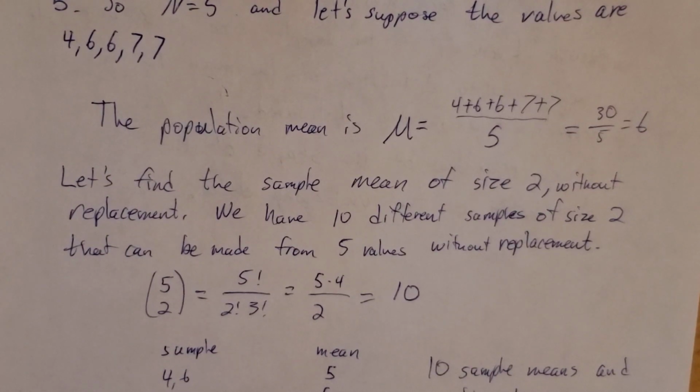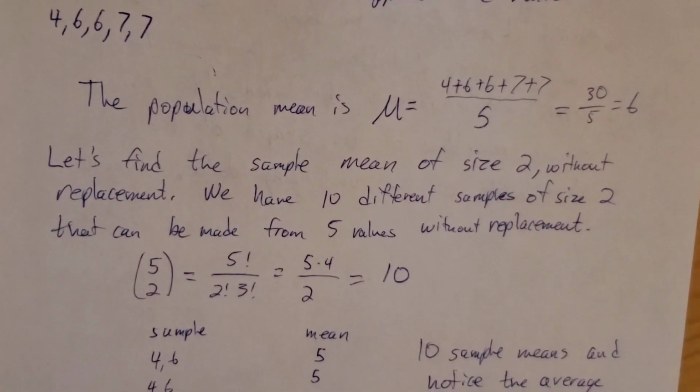And it turns out that's always true. In fact, even if we chose our samples with replacement, that would still be true. If we find our sample means and we take the average of those, we will always get back to the population mean.